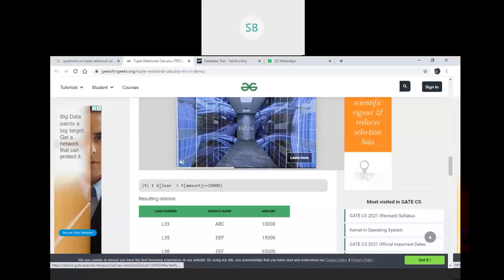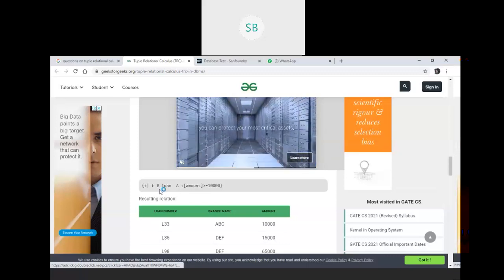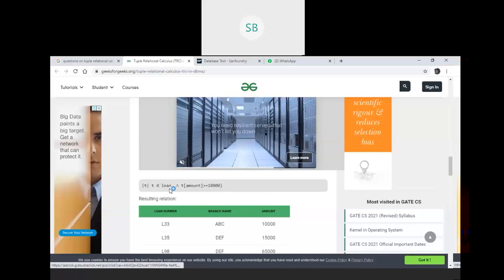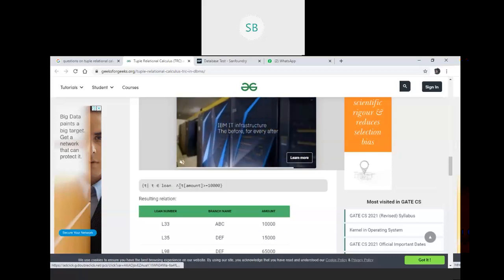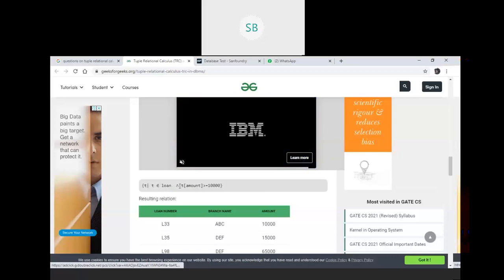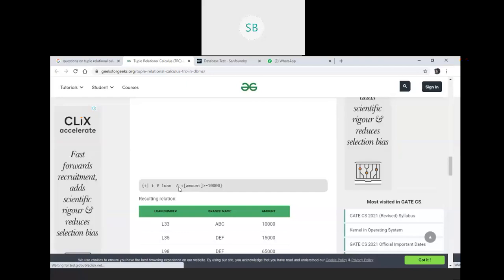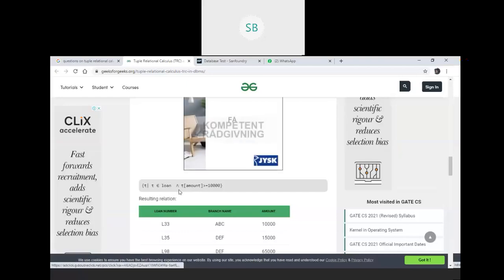This is the belongs to symbol: t belongs to loan of t. In some questions, some conventions may use the and symbol or the other symbol. Both are correct, don't get confused, both are the same thing. These are the logical operators only, right?